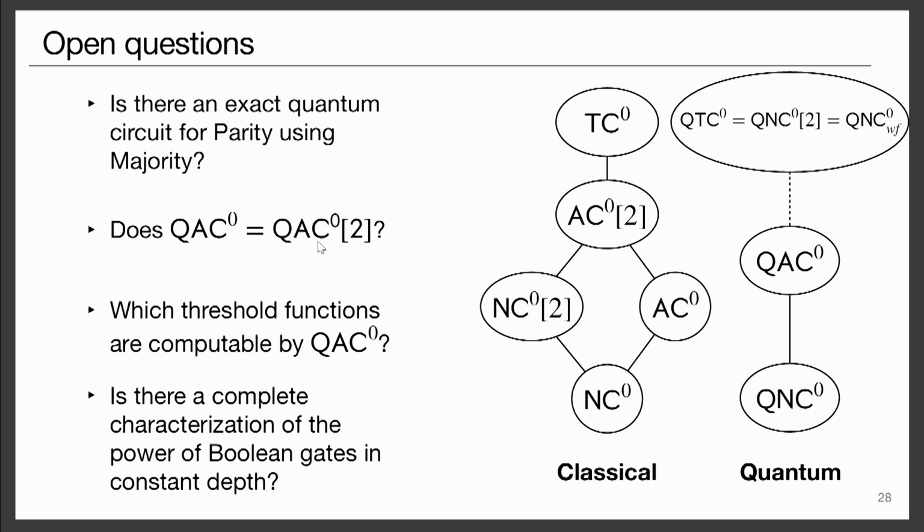And third is the question of which threshold functions can be computed by QAC0. So our construction uses threshold functions to compute parity, but it's similarly well motivated to ask which threshold functions you can compute with, say, just AND gates.